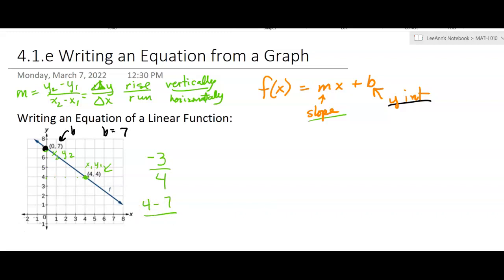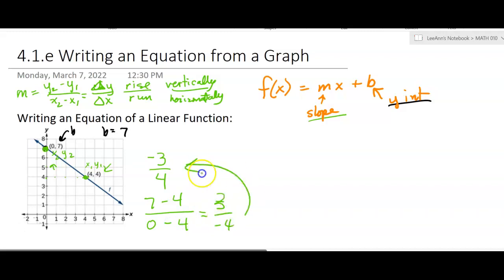I've got to do it in the right order. It doesn't matter, as long as you're consistent. 7 minus 4, over x sub 2 is 0, over 4. Okay. So that gives me a positive 3 over negative 4, and that is the same thing as that.